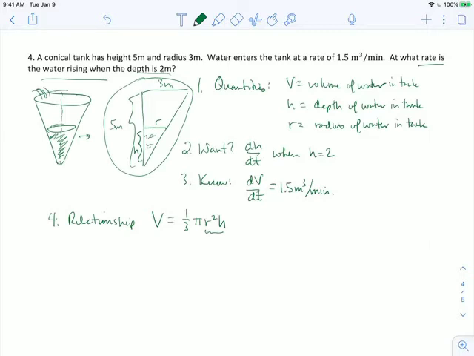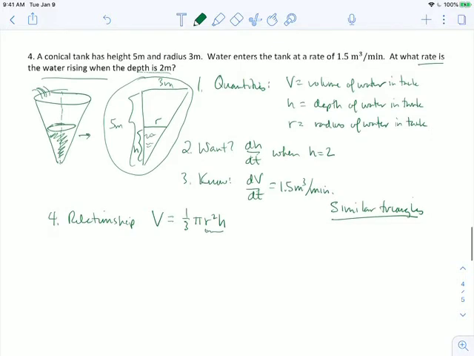What I'm going to use is the fact that the triangle formed by the water and the triangle formed by the tank are similar triangles. So this is another blast from our past that we want to use. And the thing that we want to remember about similar triangles is that ratios of corresponding sides are equal.